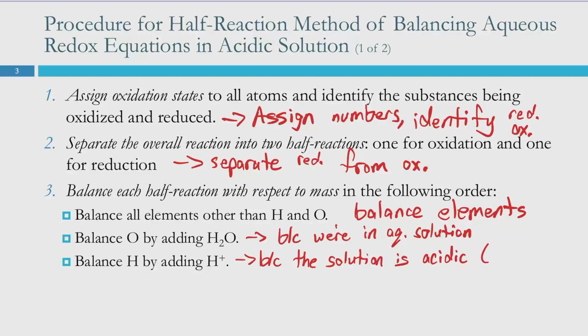And in acidic solution, H+ is around. Acidic is defined as having an excess of H+ relative to hydroxide.